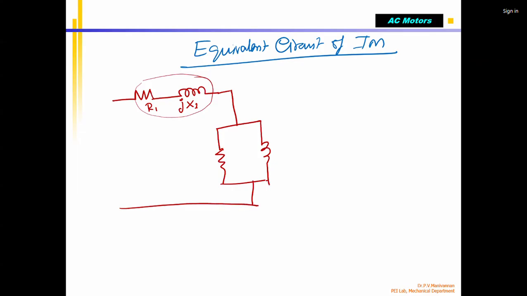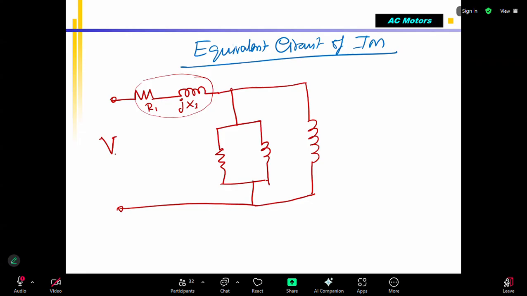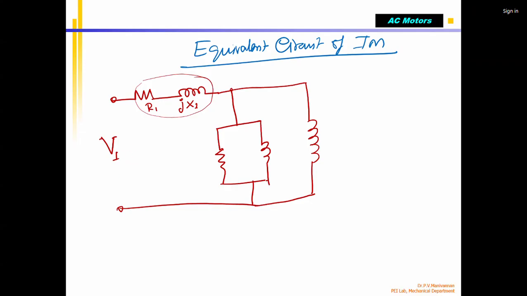You call it the equivalent circuit. We are applying a voltage, which I call V1. This is the input voltage applied to the stator, and because of that there is a current flow.